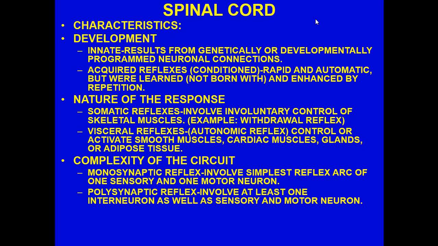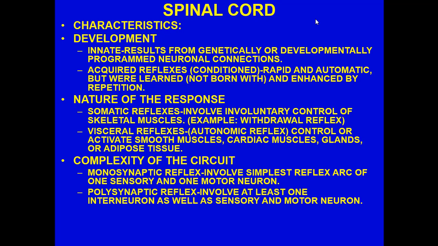There's also visceral reflexes. They're automatic reflexes, autonomic reflexes. They control or activate smooth muscles, cardiac muscles, glands, or adipose tissue, or several things. You ever do the reflex where you're in a darkened room and then you turn on the light and your pupils change size?